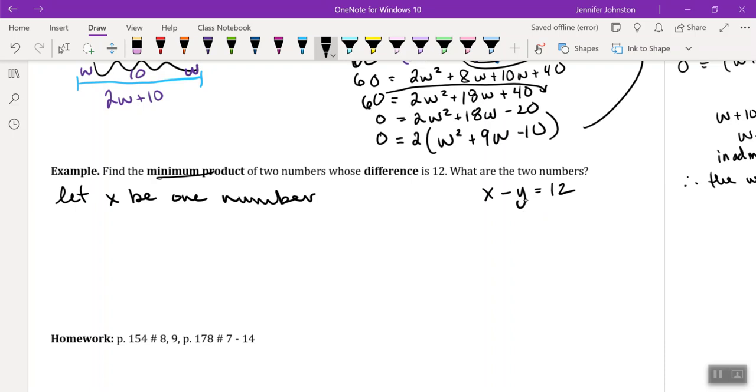Now if we wanted to find y, let's rewrite this so that y is on the other side, and 12 is on this side. So y jumps over here, it becomes a positive, and 12 jumps over here, it becomes a negative. So actually our next number is going to be this, and let x minus 12 be the other number.